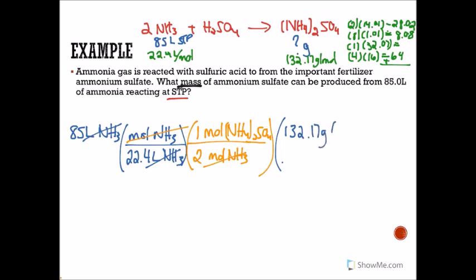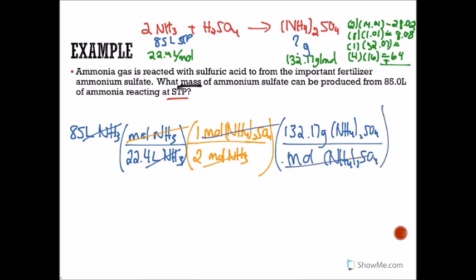132.17 grams of ammonium sulfate all over a mole of ammonium sulfate. So that cancels out, and we get our final answer.